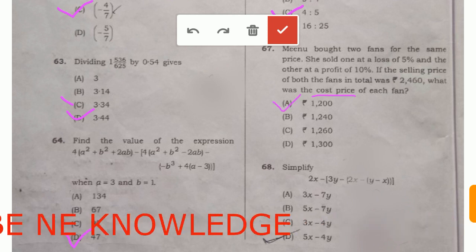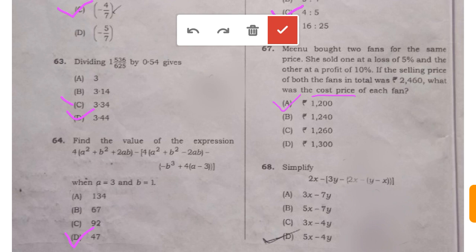In the first case, 5% loss. So if the CP is 1200, then the loss will be 5%, so 5 by 100 times 1200. This is equal to 12 into 5, 60 rupees. That means loss is equal to 60 rupees. And the profit will be 1200 into 10%. That means 120 rupees.